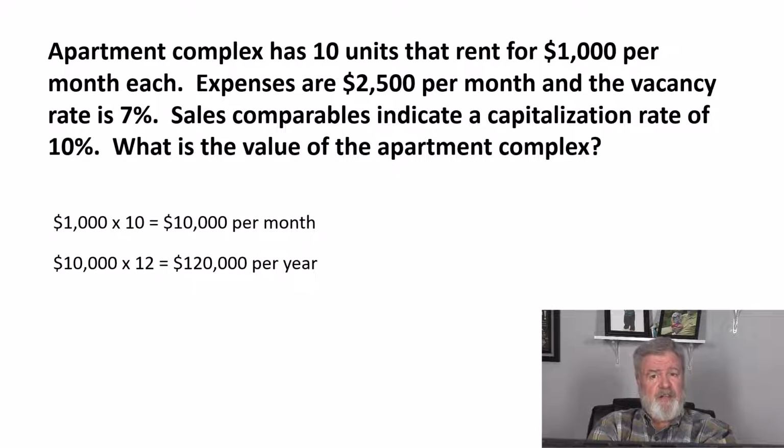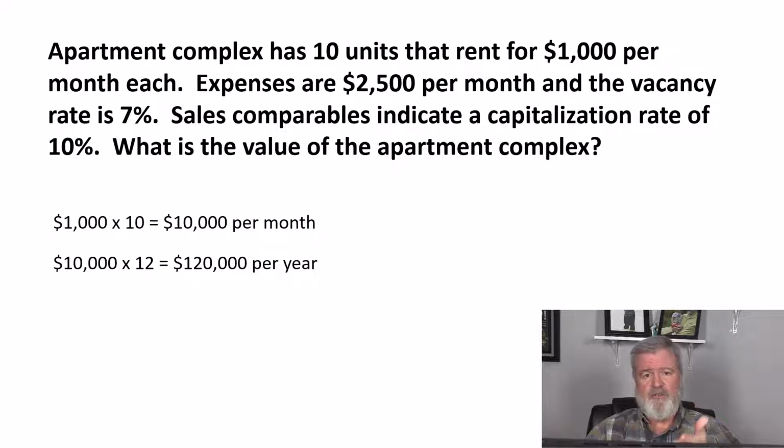So vacancy is an expense, and we will have to subtract this 7%. But please remember this: we must subtract the vacancy from the gross income before any other expenses.